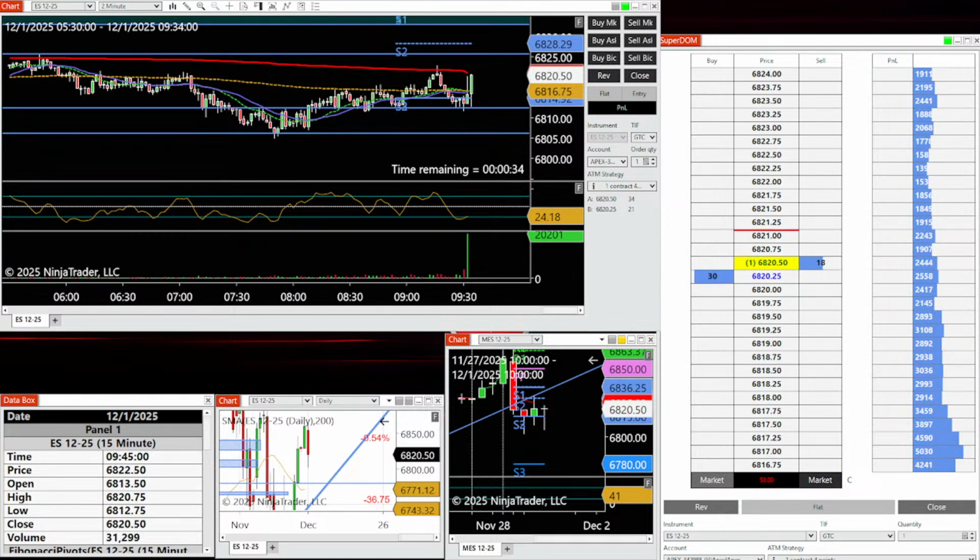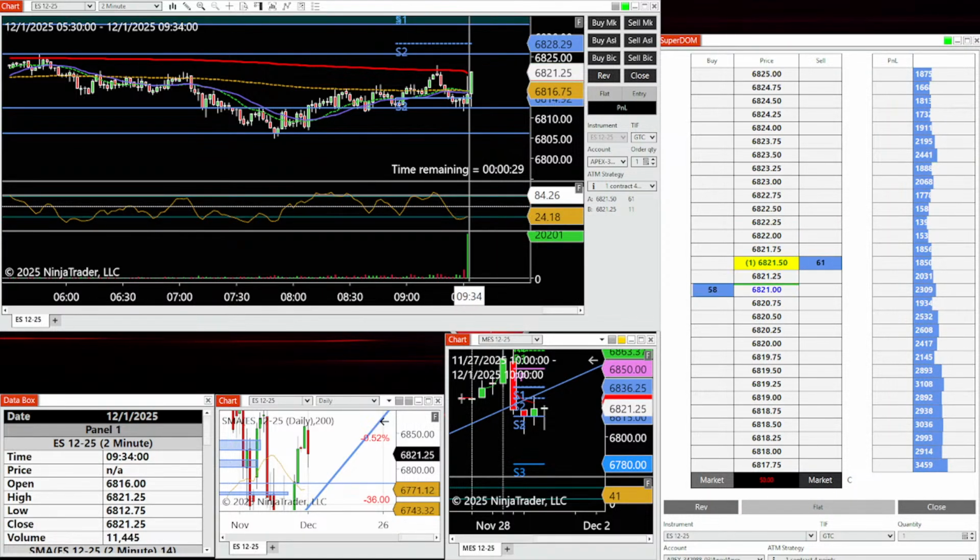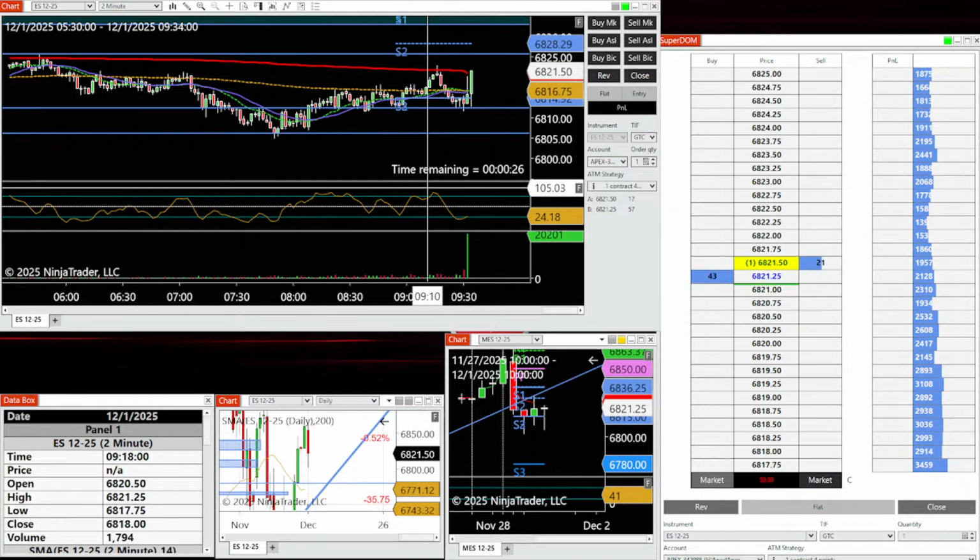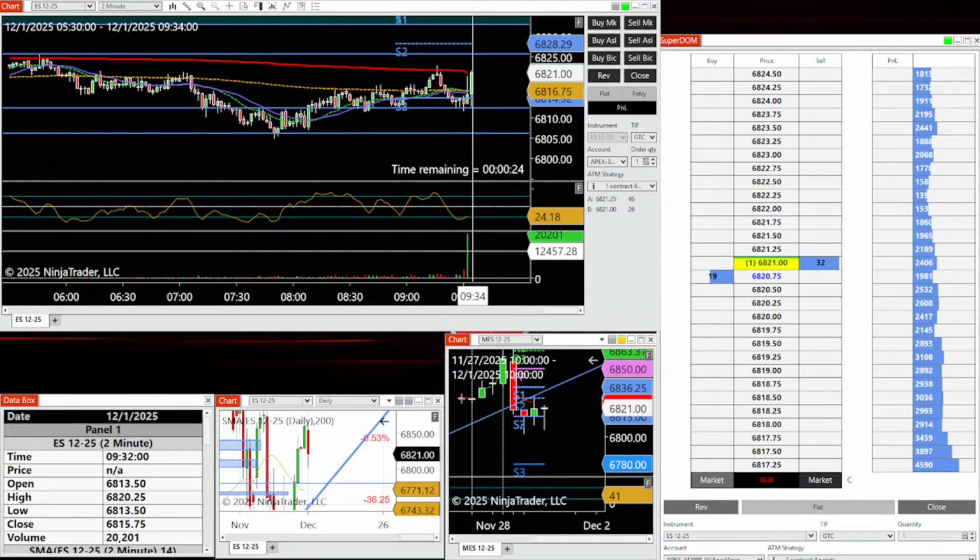We're going to let this market settle. I'd like to see the stochastics come up. And if we're going to go short, I want it to roll over from the top.